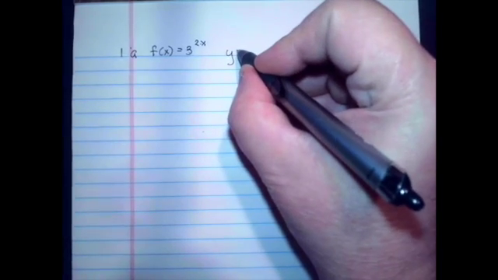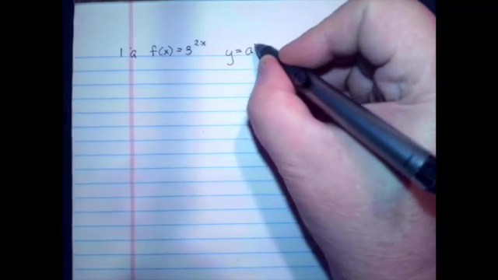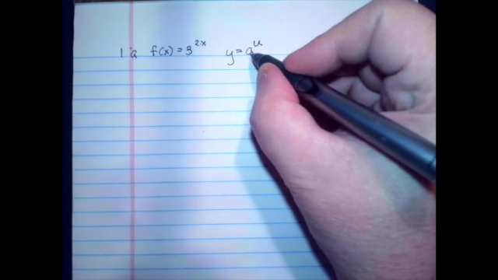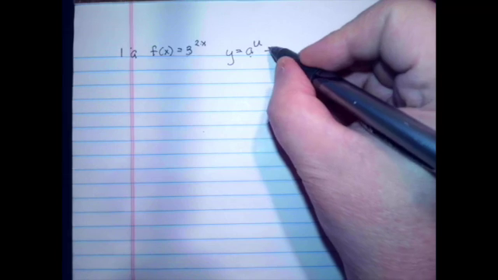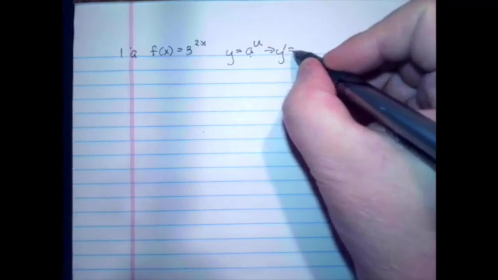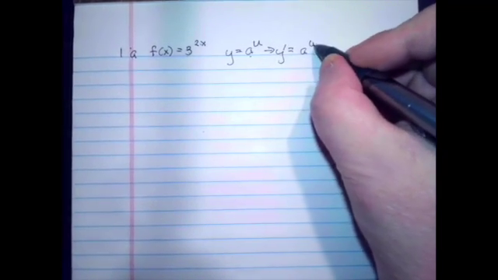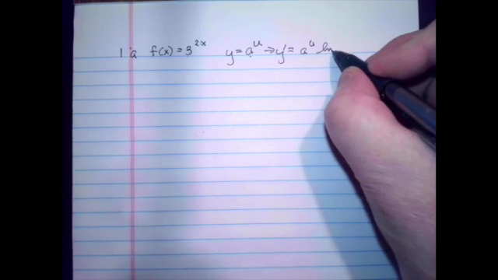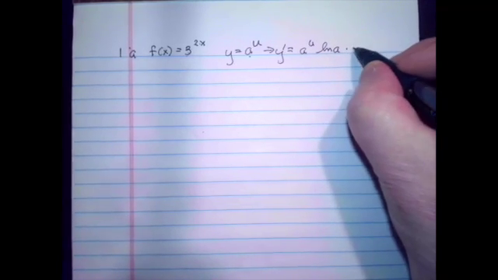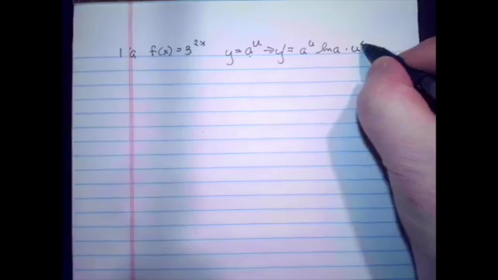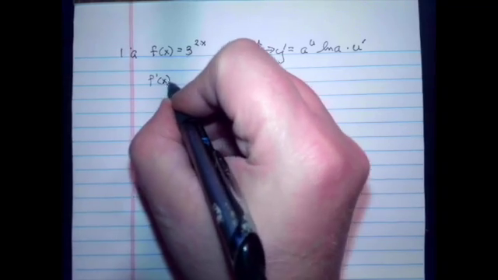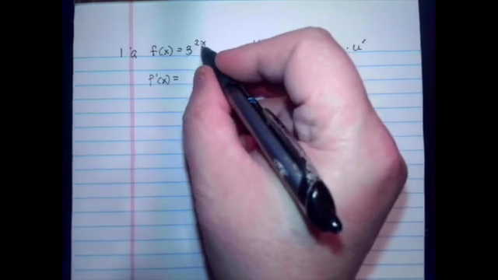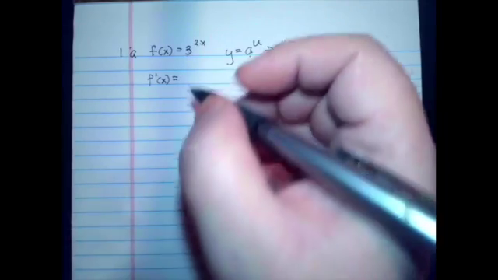And you'll recall that if y equals a to the u, here a is a constant and u is some function, then y prime is going to be a to the u times the natural log of that base times u prime, the derivative of the exponent. So in our case, the base a is 3 and the exponent u is 2x.